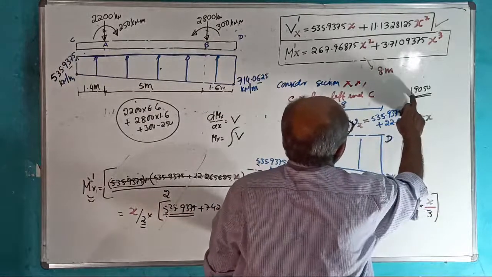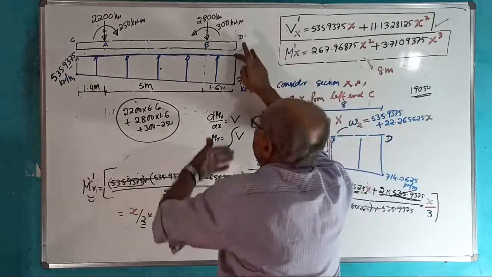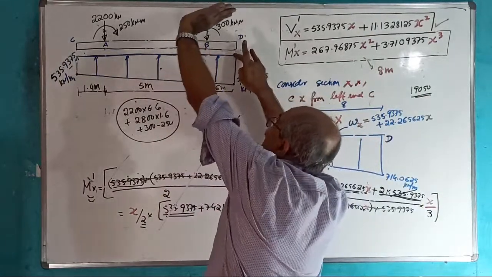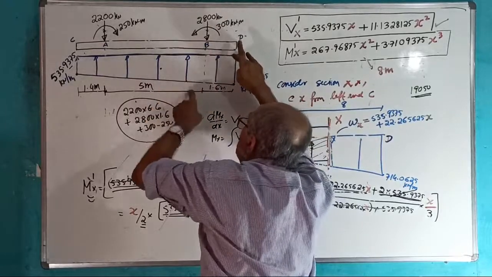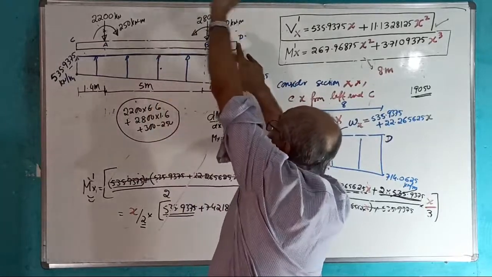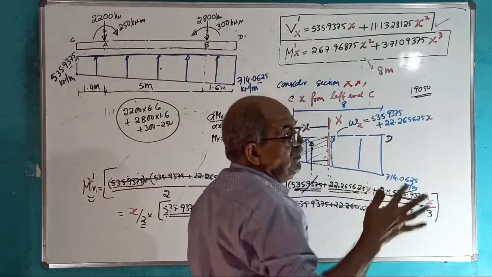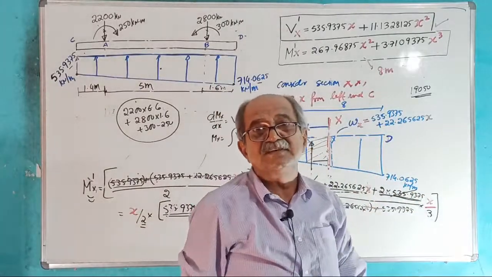Because 19050 is the net moment like this. For equilibrium, it should be equal to the net moment like this. Otherwise, I am going to close the class.